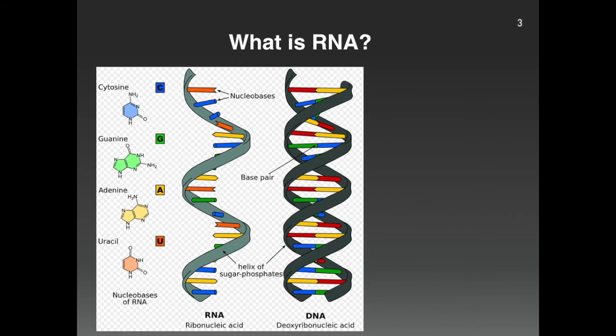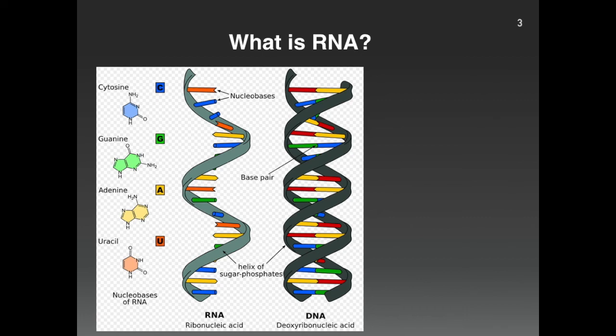As you can see, on the left side, you have this helicoidal RNA molecule, which is basically the genetic code of the virus. And this type of molecules are made of a series of 4 nucleobases called cytosine, guanine, adenine, and uracil, often referred to as C, G, A, and U.